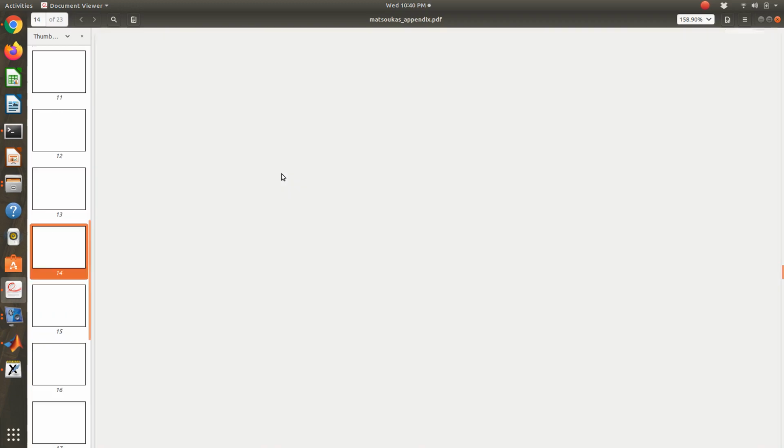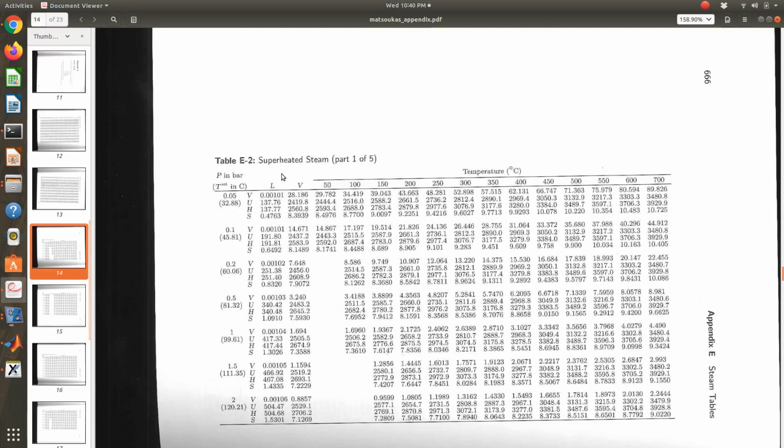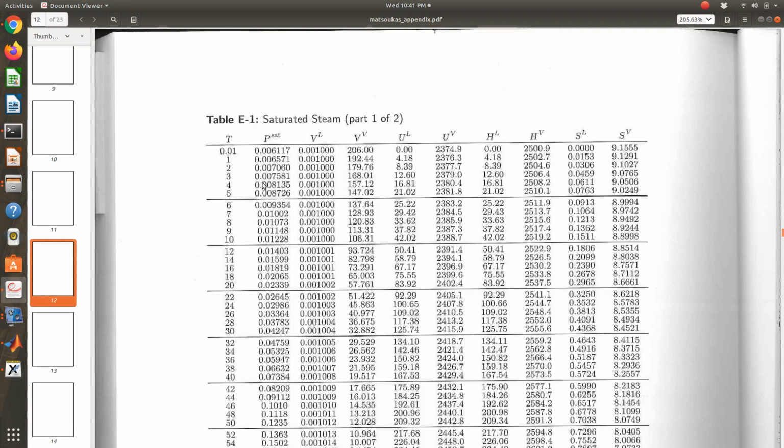And just for comparison, if I go to my superheated steam tables, the lowest pressure is 0.05. So presumably they put this pressure in the problem for a reason such as this. I find a saturation pressure of 0.00706 happens at a temperature of 2 degrees C, and my enthalpy is between these two.